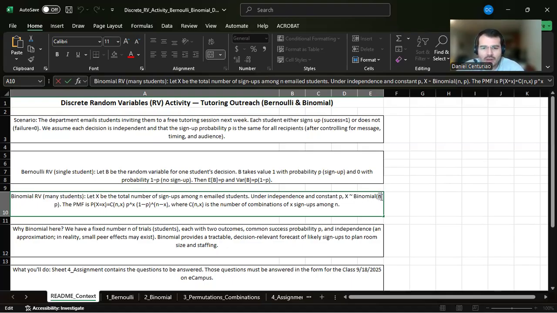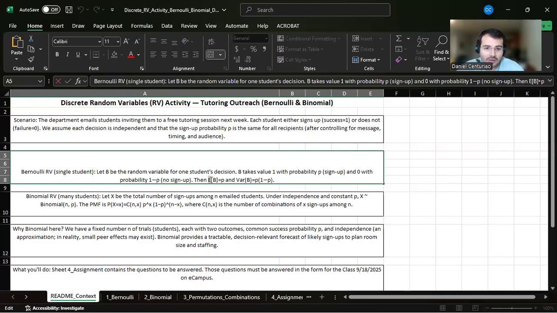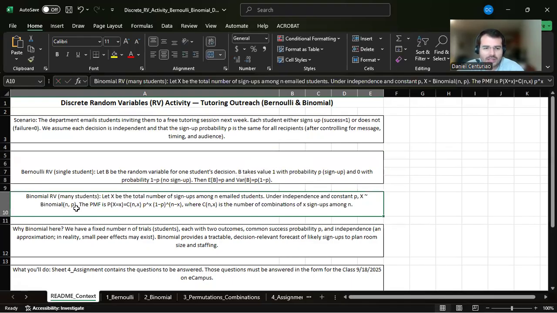We could actually write expected values like this and variance like this. It's fine as well. I just kept this notation because probably in the book you're going to see a similar notation like this one.